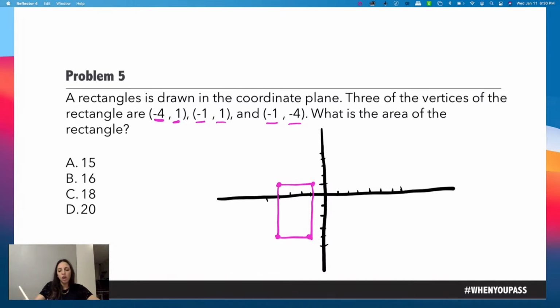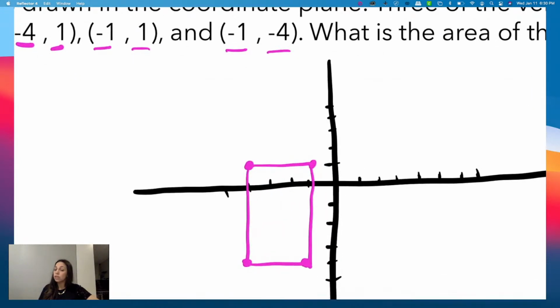What is the area? Well, let's remember that area equals length times width. So all I need is the length and the width. Now again, this gets real tricky if you did not draw your graph accurately. What is the distance between this point and this point? 1 hop, 2 hops, 3 hops.